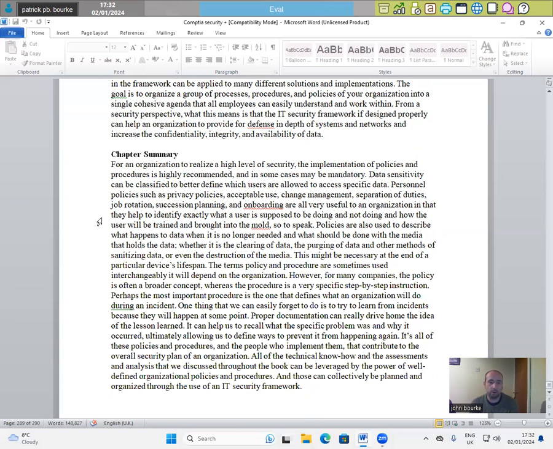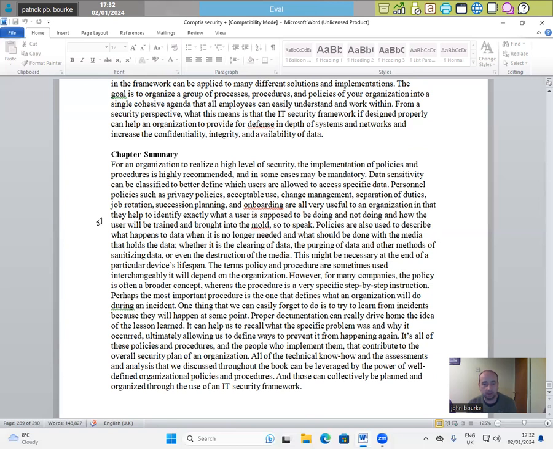Chapter summary. For an organization to realize a high level of security, the implementation of policies and procedures is highly recommended, and in some cases may be mandatory. Data sensitivity can be classified to better define which users are allowed to access specific data.